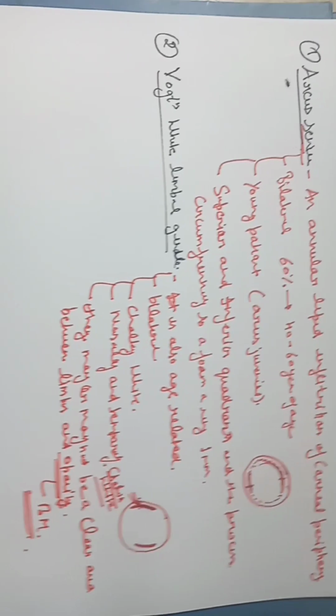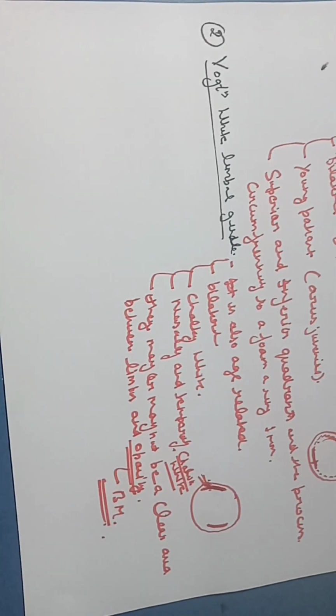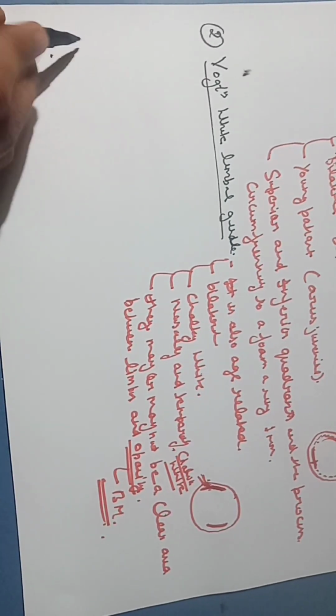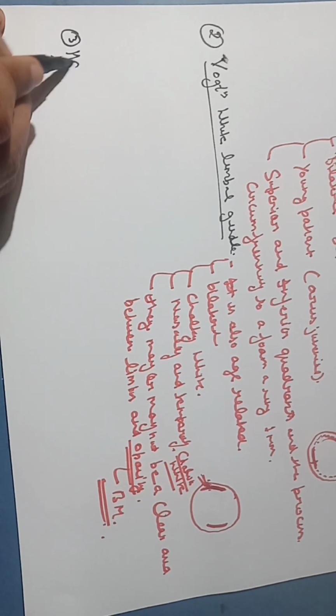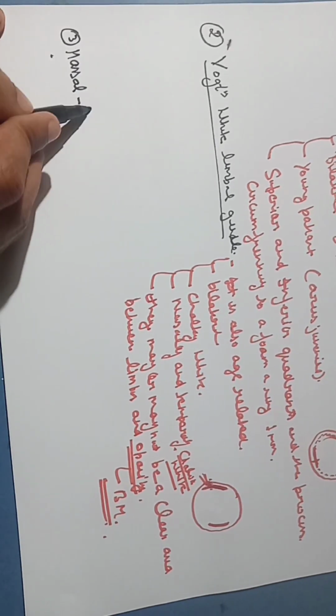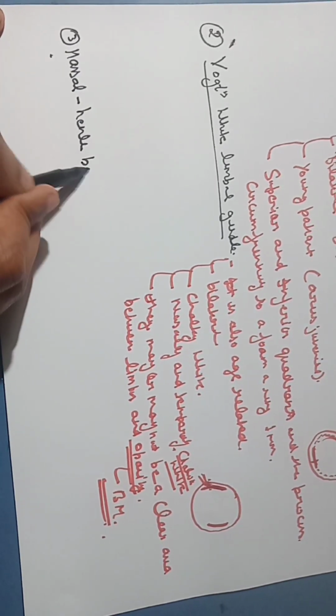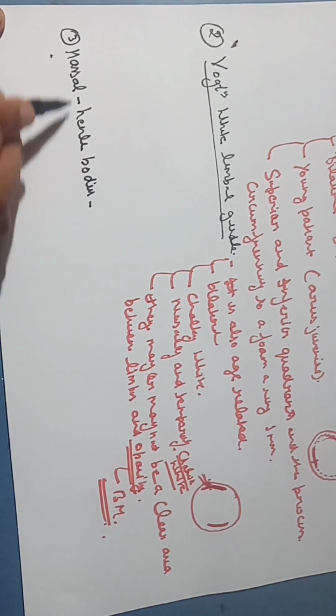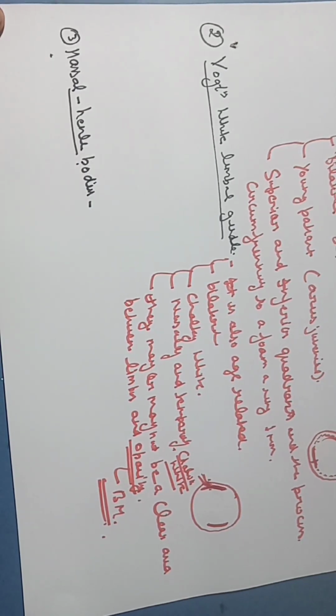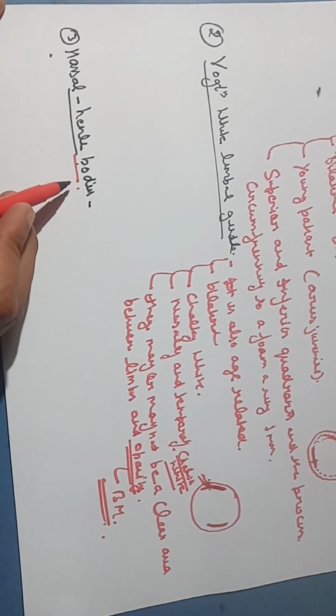our third one is Hassall-Henle bodies. So what is it? It is a small transparent growth on the Descemet's membrane at the periphery of the cornea.